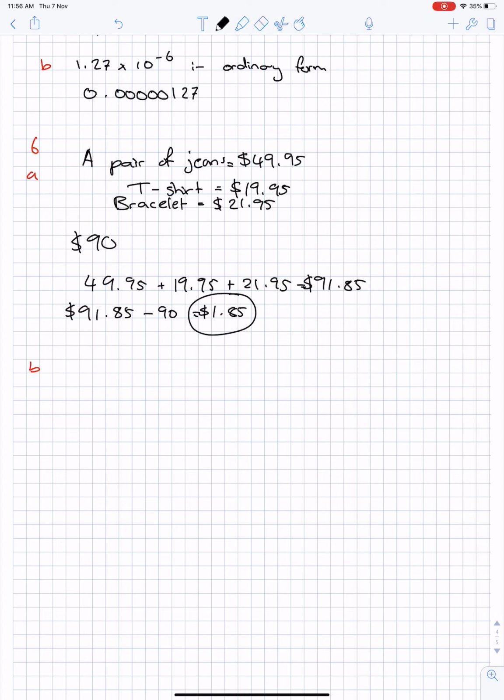A salesperson tells Trinity there is a 15% off sale on all clothing the next day. How much money will she save if she waits till the next day to make her purchases? So basically, you can do it 2 ways.